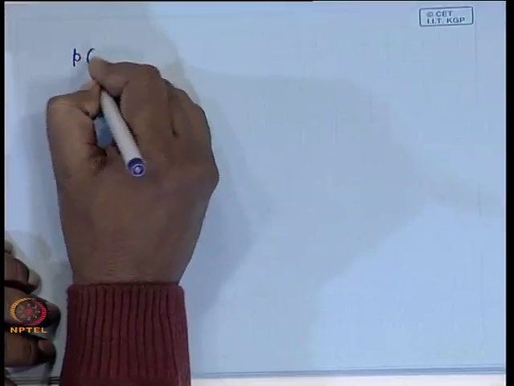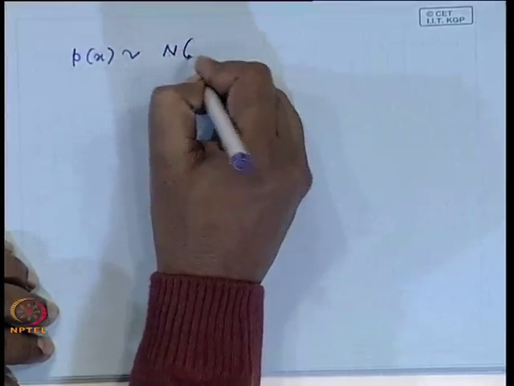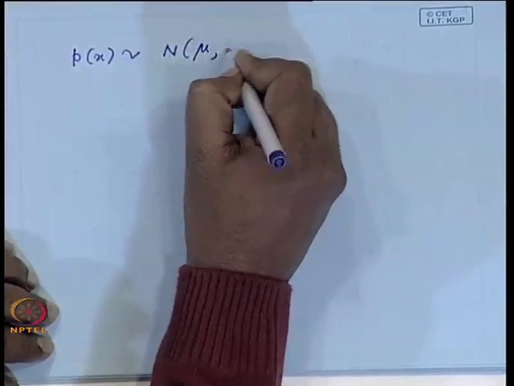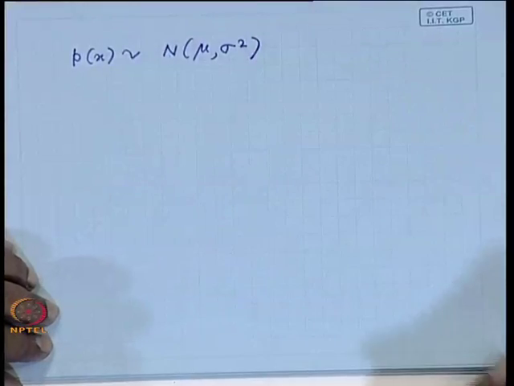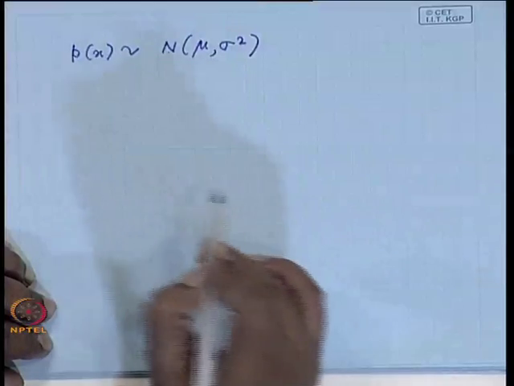Now, what does this multivariate normal density or multivariate Gaussian density actually tell you? Let us consider the case of the single variable normal density. I have p(x) given by the normal density with mean value mu and variance sigma square.